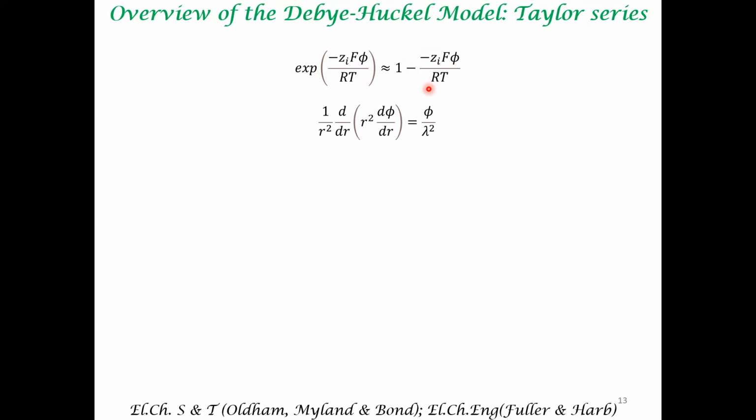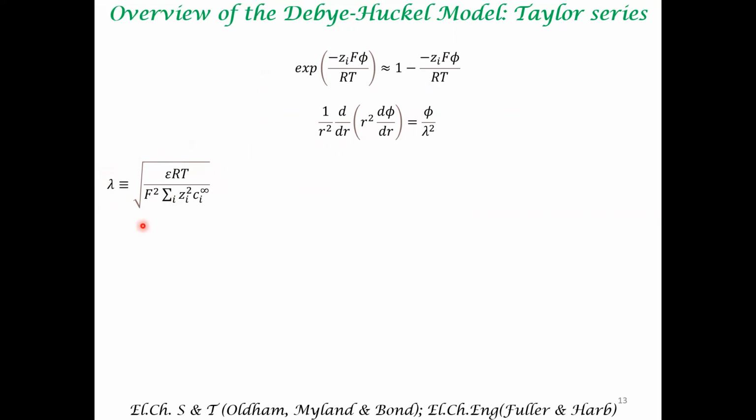When I substitute this into the Poisson equation, I get a constant. This constant is called the Debye length, given by this expression. I can rewrite the equation using this. Let's understand the meaning of this quantity lambda.